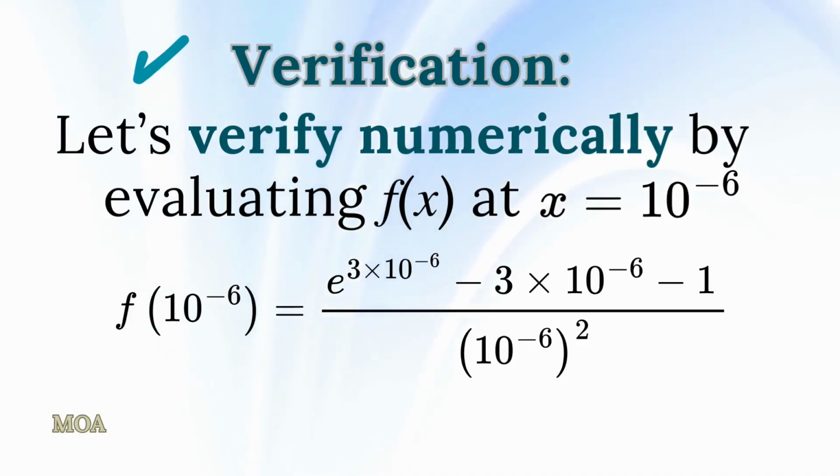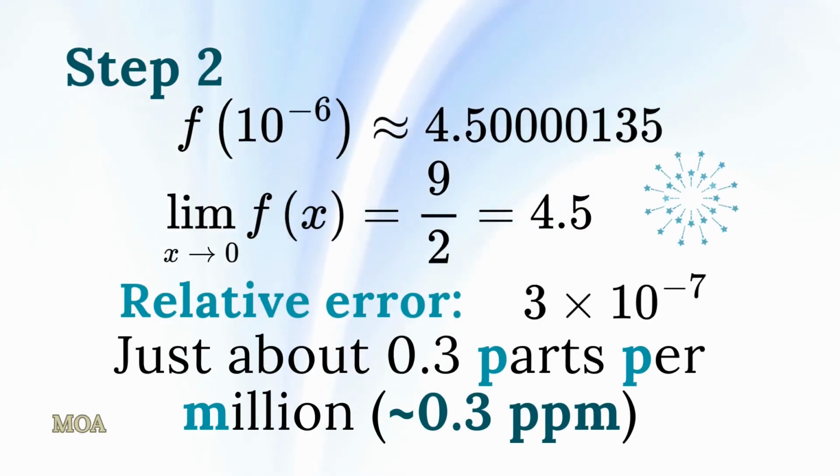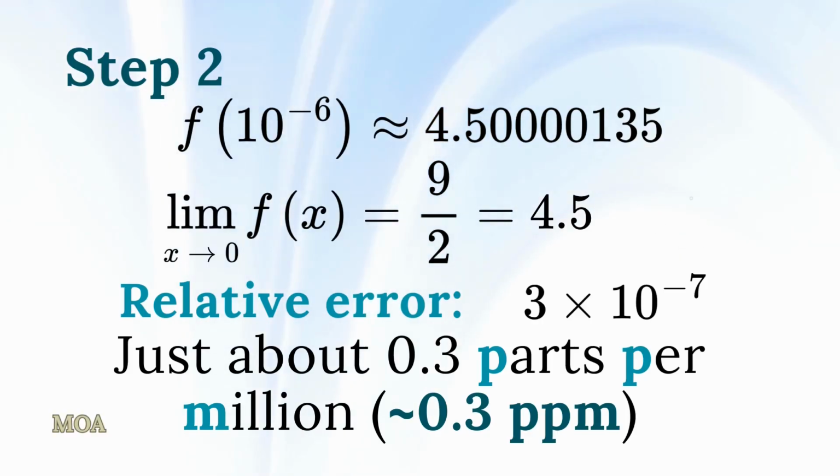Verification. Now, let's verify the accuracy of our calculation. Using direct substitution, when x equals 10 to the power minus 6, the value of f(x) is approximately 4.500000135. We found analytically that the limit is exactly 9/2, which is 4.5.